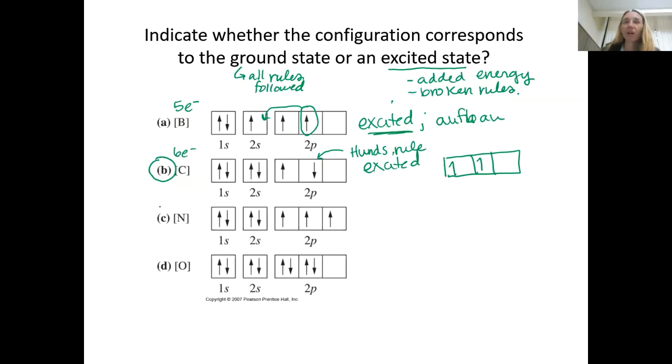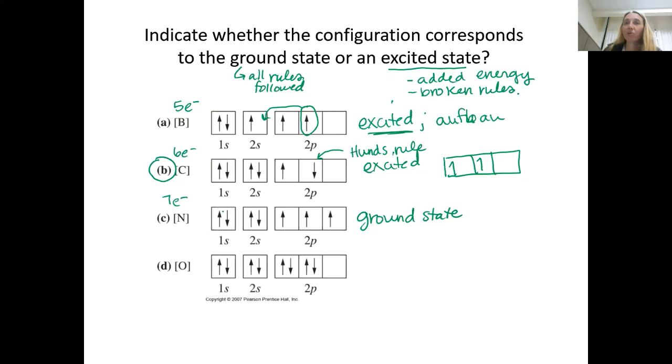Okay, so now what about nitrogen? Nitrogen has 1 more electron, so now we're at 7 electrons. I see lots of people writing ground. So why is it the ground state? Because it follows all the rules. You guys are fast typers.